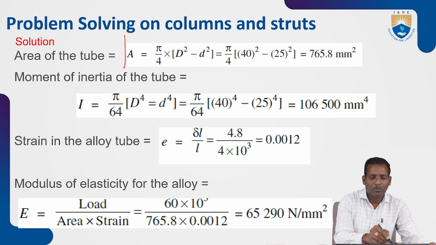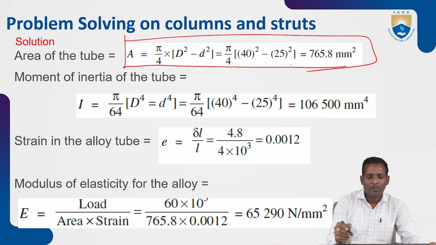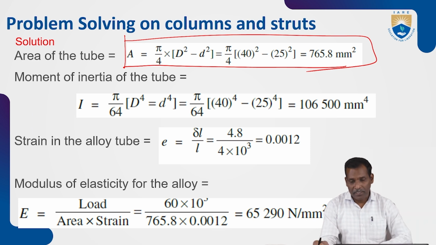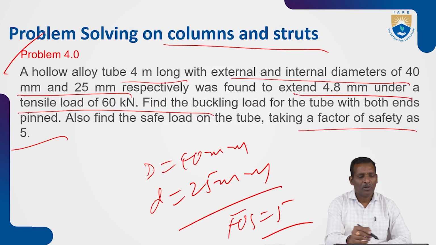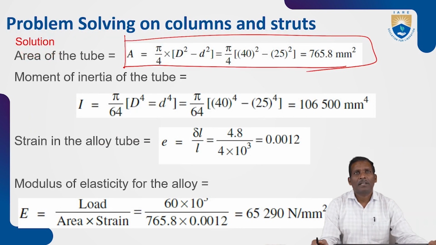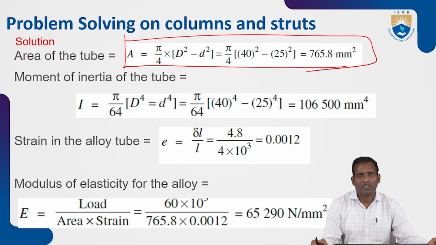So the area of the tube is pi by 4 into D square minus d square. Why? Because here the external and internal diameters are given. So hollow tube. The given condition is hollow tube. Hollow alloy tube. So that's why here take an area D square minus d square into pi by 4. So substitute the given external and internal diameters and calculate area.